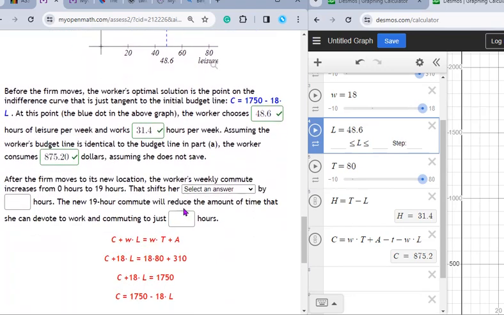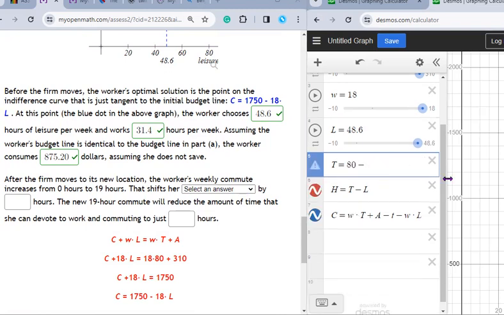Now, after the firm moves to its new location, the worker's weekly commute increases from 0 to 19 hours. What is that going to do? Essentially, those hours to commute are going to come from the time component. Remember, the worker has 80 hours and she can devote that to leisure, work, or commuting. Before, her commute was 0.